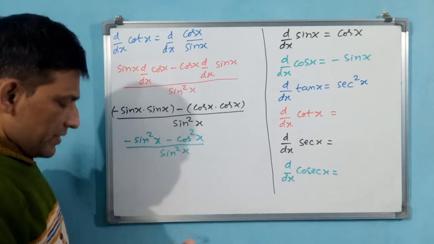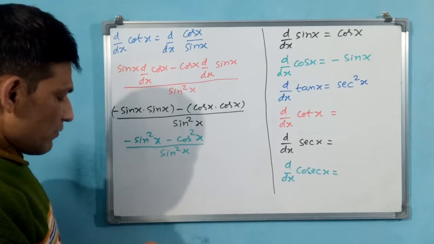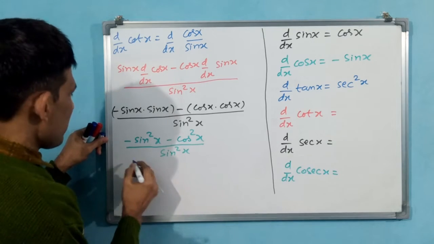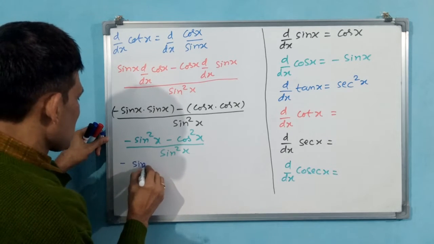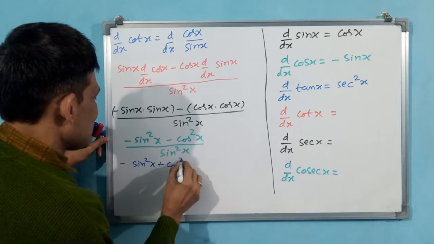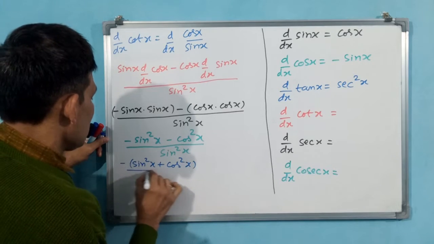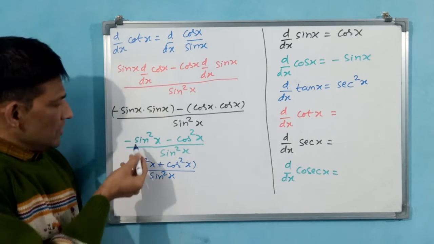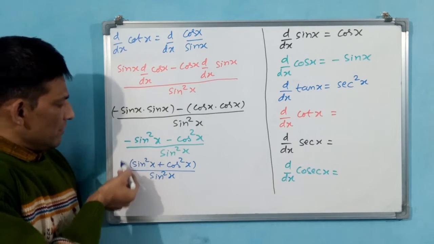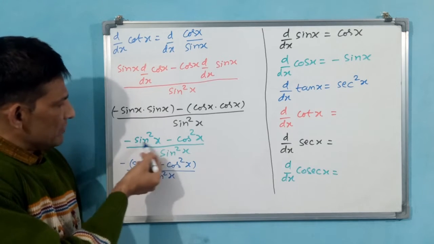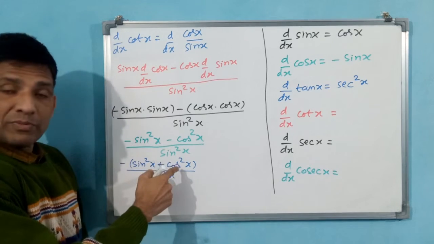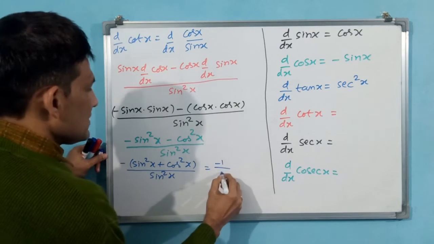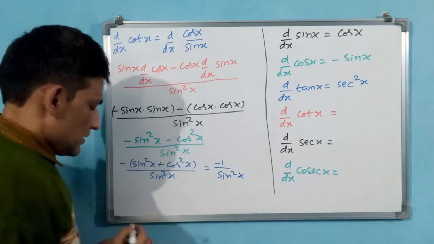Is it okay? But we know that sin square x plus cos square x is 1. If you take minus common, you see now, I have taken minus common: sin square x plus cos square x is 1, so minus 1 by sin square x.